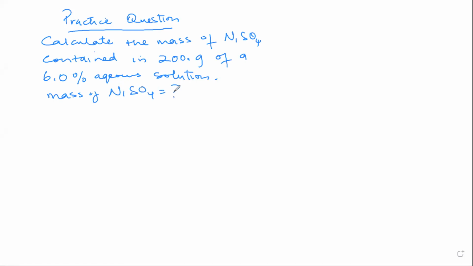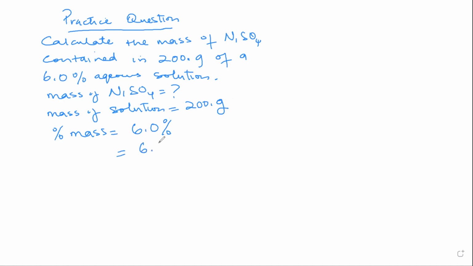Contained in this, so we have the mass of solution, 200 grams. Then the concentration of the solution, which is percent mass, is 6.0, which means 6.0 grams of this solid over 100 grams of solution.